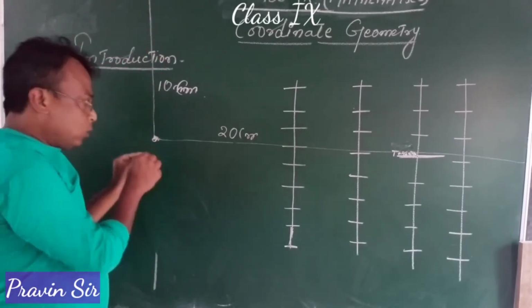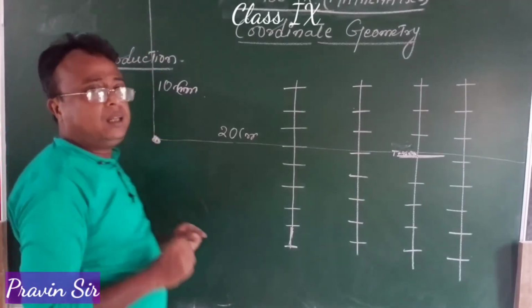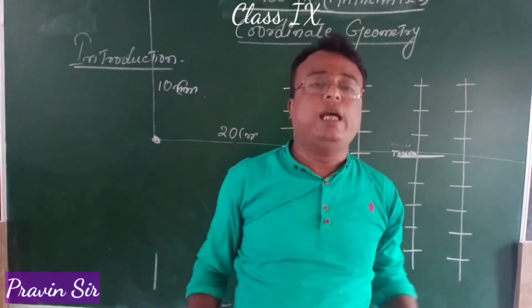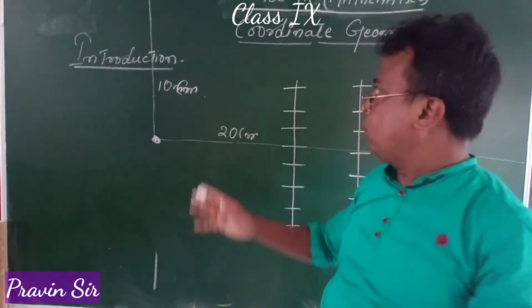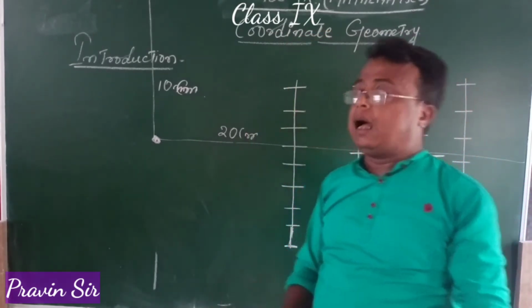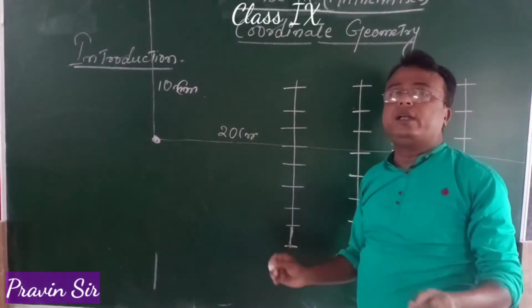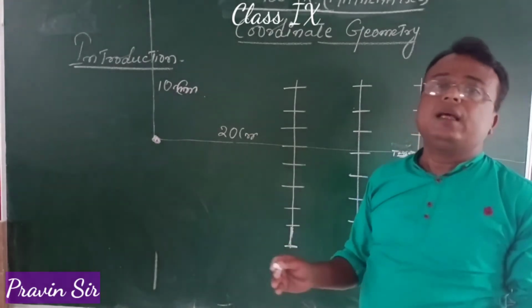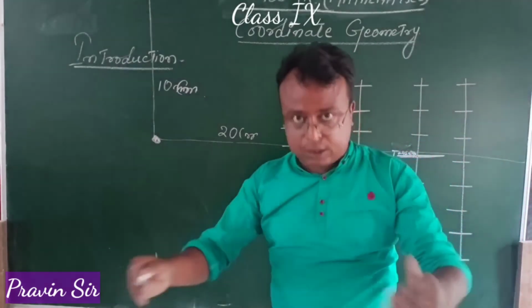So to find the exact location, we need two pieces of information, and those two pieces of information are called the coordinates. Now we'll discuss how to represent the coordinates.